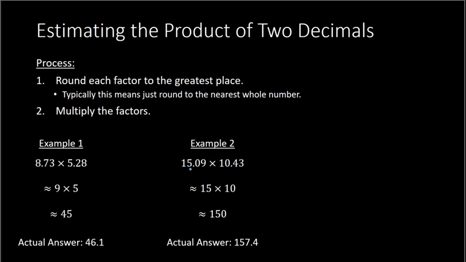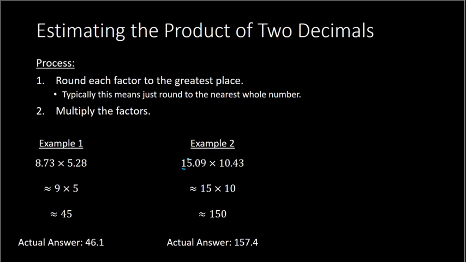So here we rounded to the nearest whole number to 15. Technically, if you're rounding to the greatest place value, you'd have to round to the tens place, which would be rounding to a 20. But when you do that, it's not going to be as accurate of an estimation, right?